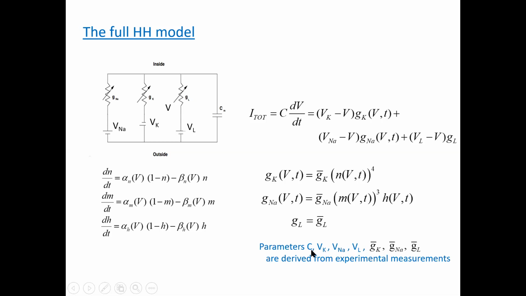The parameters are the capacitance, the Nernst potentials, which depend on the concentrations of ions inside and outside the cell, as well as the maximum conductance of each type of channel, which depends on the density of ion channels in the cell membrane or the axon membrane.